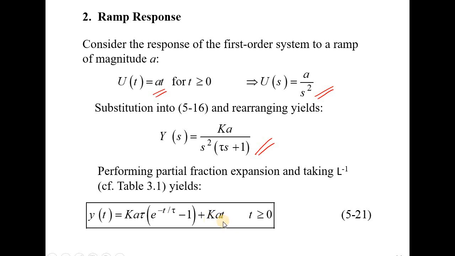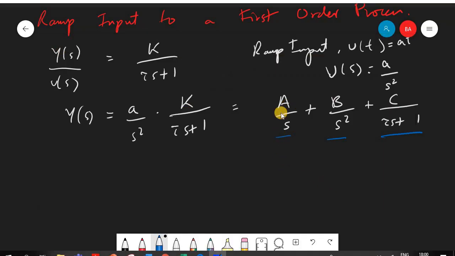As we said, you're going to have a constant term, which is K a tau, the ramp term, which is K a t, the t term, and the exponential term.